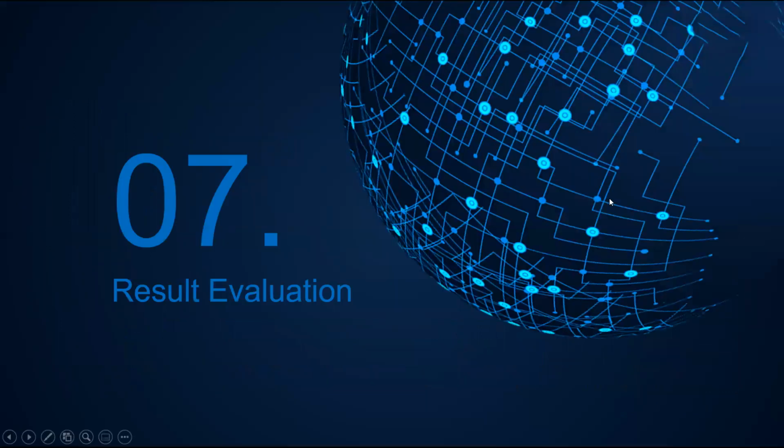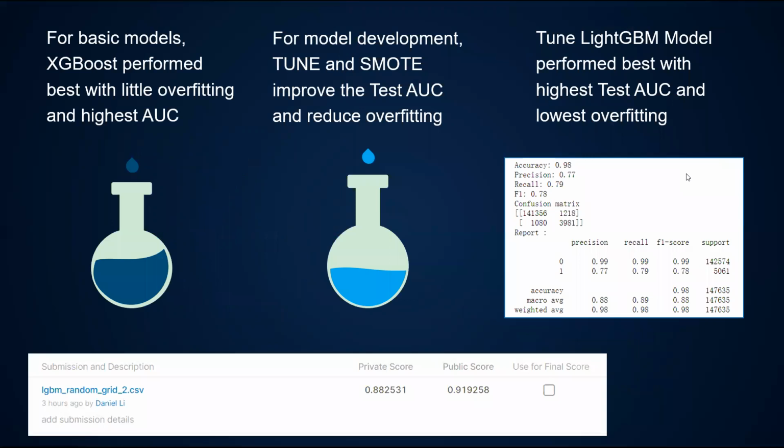And next, let's welcome Xiaoxi to introduce the rest of the parts. Thanks, Letao. Since we built several models and did some model development, here we come to part 7, results evaluation. For the basic models, XGBoost performed best with slight overfitting and the highest AUC score. For the model development, tuning and SMOTE are used to improve the AUC score and reduce overfitting.